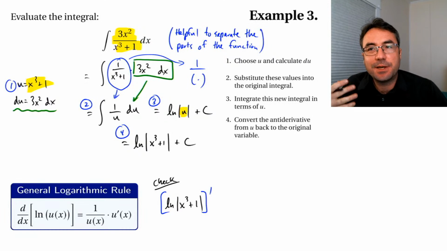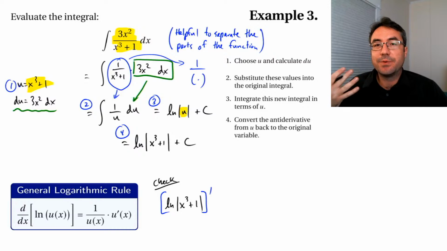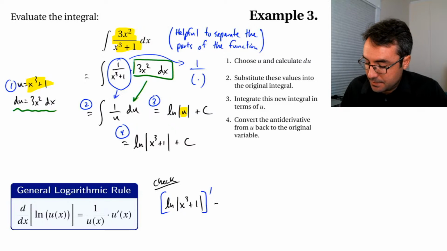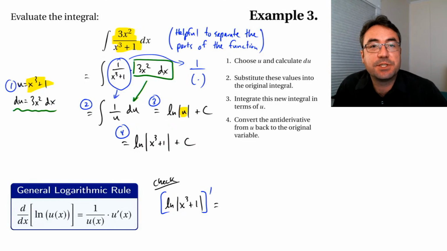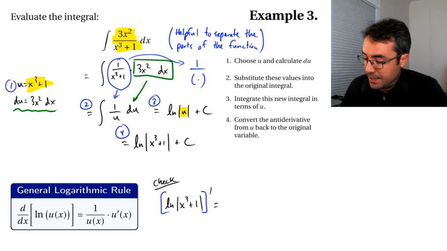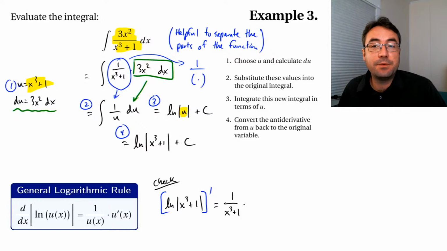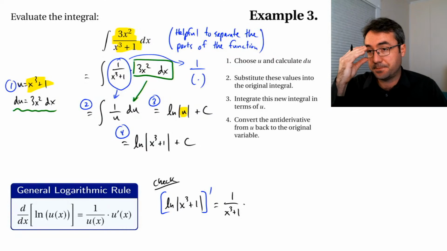And so we had to use substitution rule along the way. So when we differentiate, we would need to use chain rule. And we had kind of a special case of the chain rule, which we called the general log rule, which said how you differentiate the log of something is you do the reciprocal of what's inside, so 1 over x cubed plus 1, and then you multiply by the derivative of that inside function.